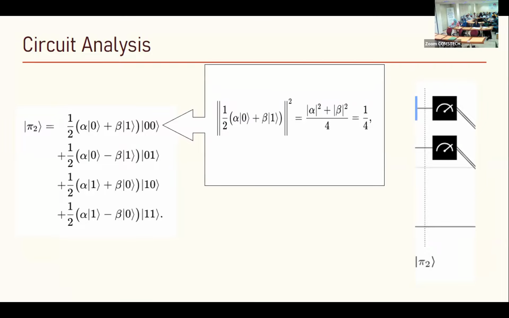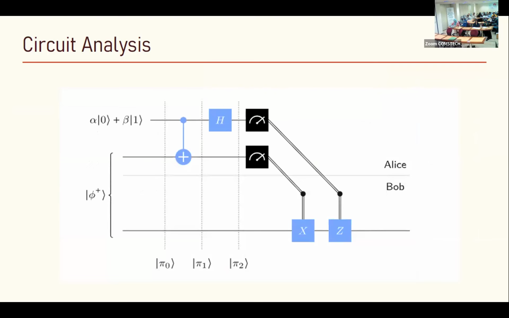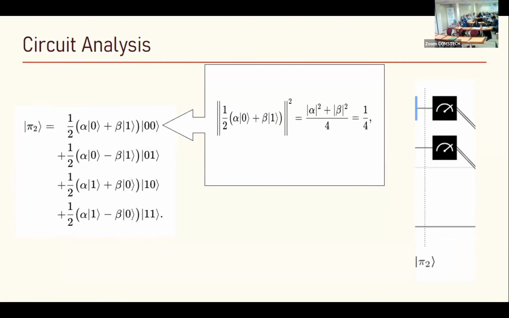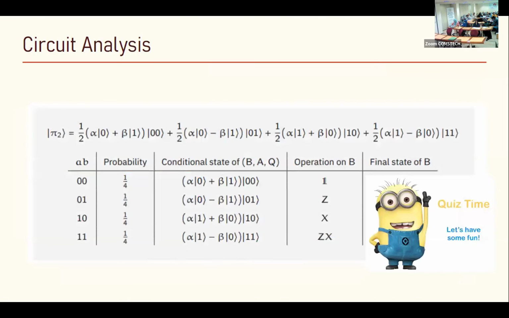Yes? What operation should I apply on this qubit to make it the original qubit? Not the X gate, right? So when the measurement is 1, 0, we just have to apply X. And if we apply X, what will happen? This will flip, the X gate will be applied, and we'll get alpha ket 0 plus beta ket 1.